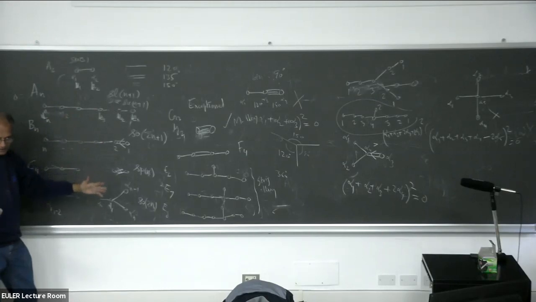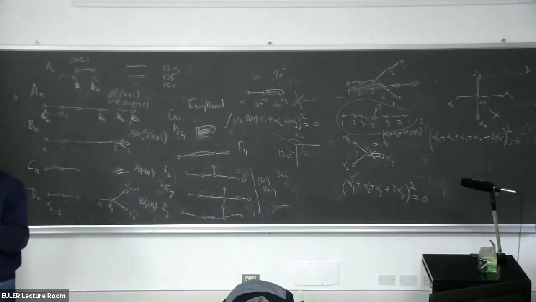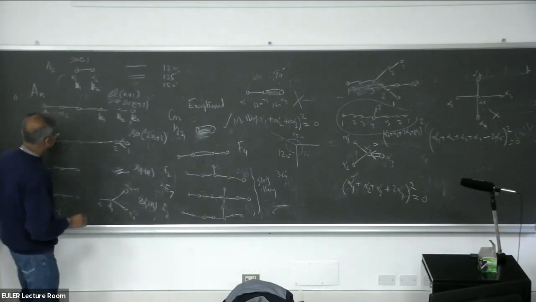And then from there you can construct the representation. Of course, it's not as easy as for SU3, where you're only moving in a plane. If you go to SU4, you have to move in 3 dimensions, so it becomes very difficult, but in principle, it is labeled by these numbers.